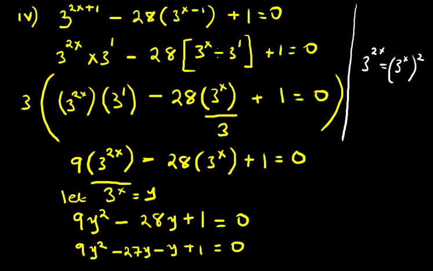Let me rewrite it on the next page so that we follow through properly. So the equation that we have come up with is 9y squared minus 27y minus y plus 1 equal to 0. So we solve for y, and then we factorize.